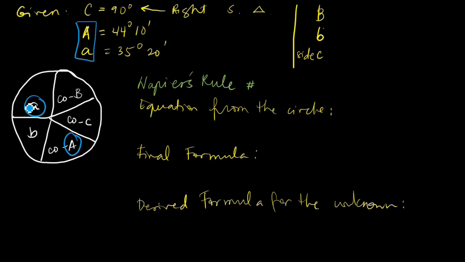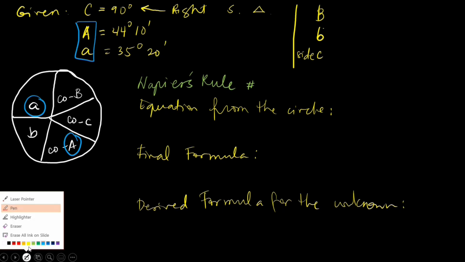In using the Napier's rule, there should be 3 parts again: 2 parts given, 1 part unknown. So you can try to choose which one you would like to solve first, whether angle B, side B, or angle C. It is up to you. Let us solve for side B.